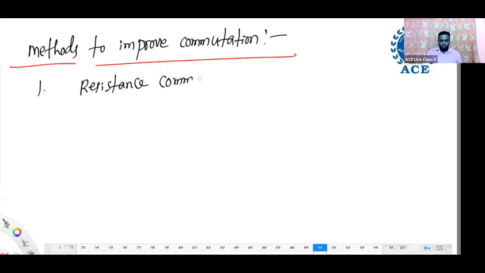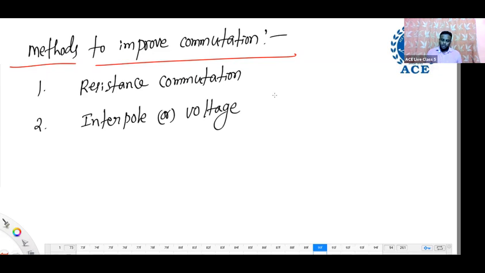Second one, interpole, also called voltage commutation.